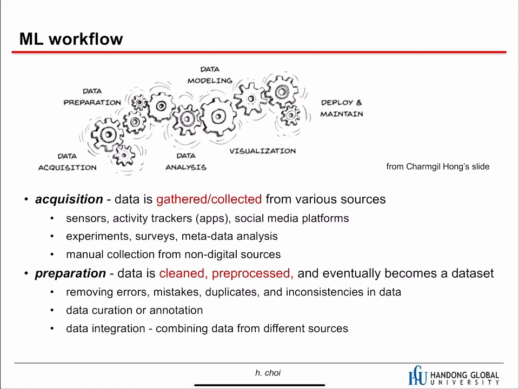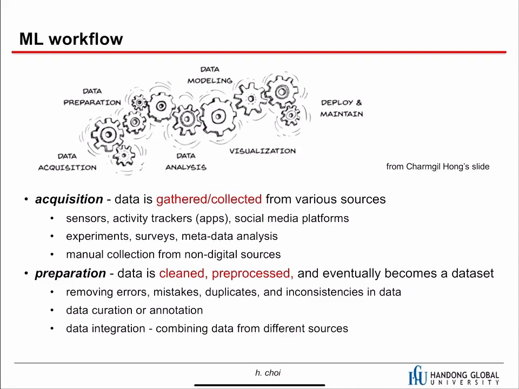Actually, in a machine learning class, we don't have much to talk about data acquisition. So let's assume that you have a data set. But in practice, it takes a lot of time to collect the data samples. The next step is preparation, where data is cleansed and pre-processed, and eventually becomes a data set. It includes removing errors, mistakes, duplicates, and inconsistencies in data.